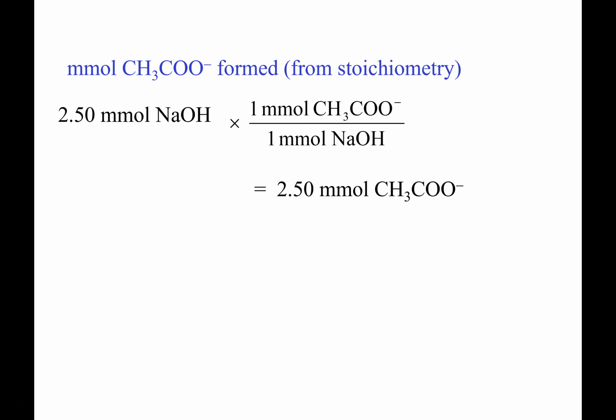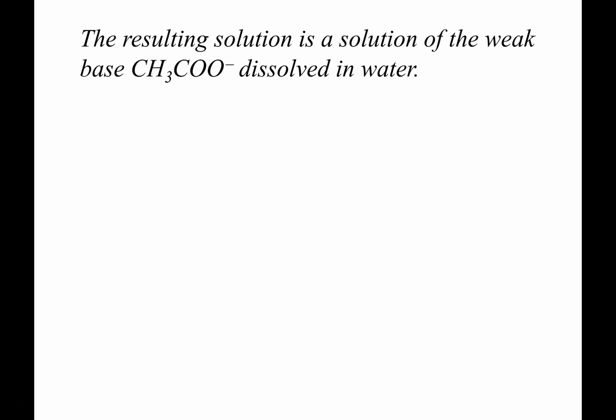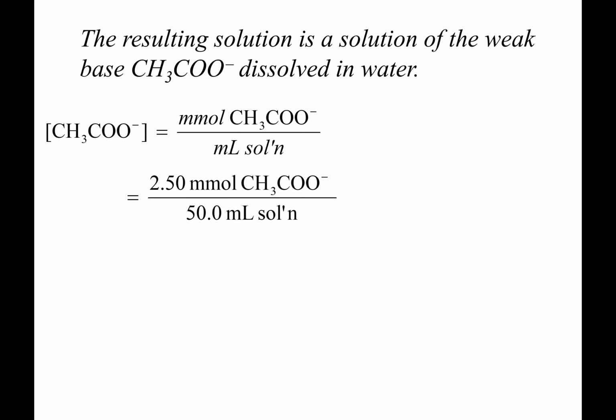So in order to do the next step that we've done before to get a pH from the concentration of, in this case, the weak base, we cannot leave it in millimoles; we've got to go to molarity. Sorry, guys. So this is where you need to make sure you divide that number by 50.